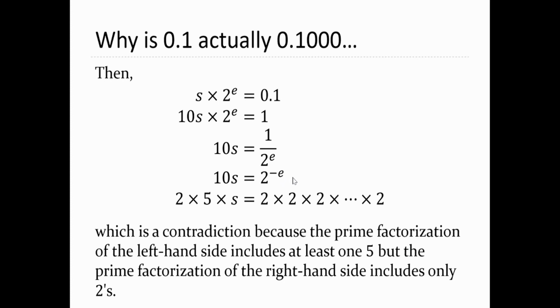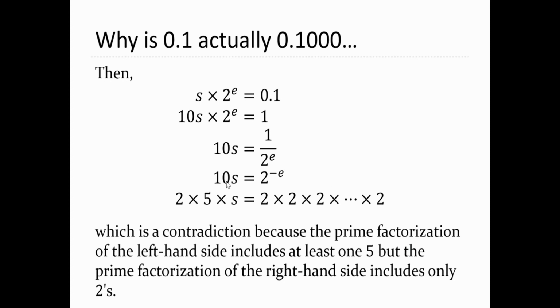Forget about the fact that e is negative right now. Now e is negative, so I know that negative e is a positive value. So on the right-hand side, there have to be minus-e 2s: 2 times 2 times 2 times 2, minus e times.